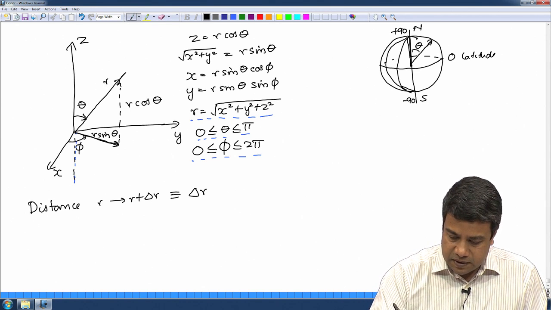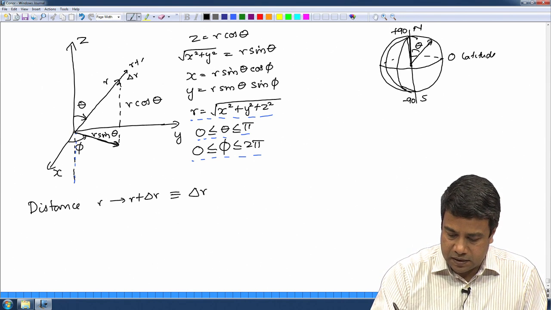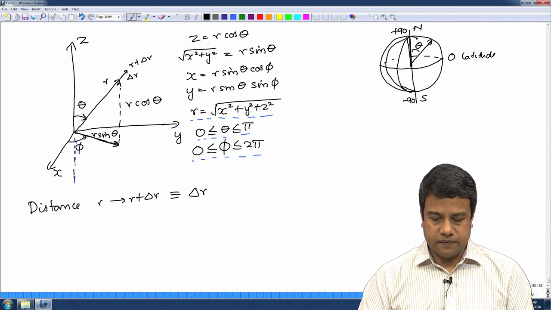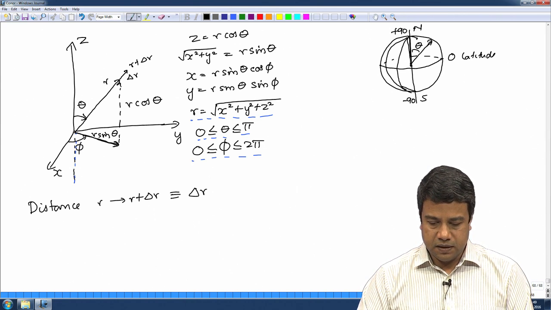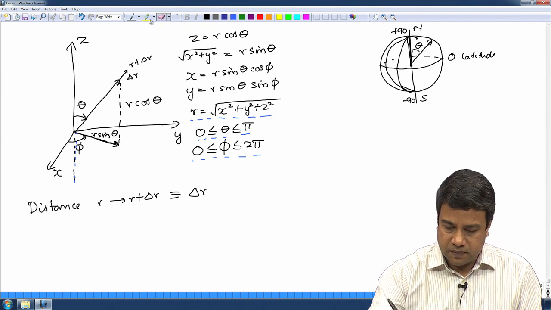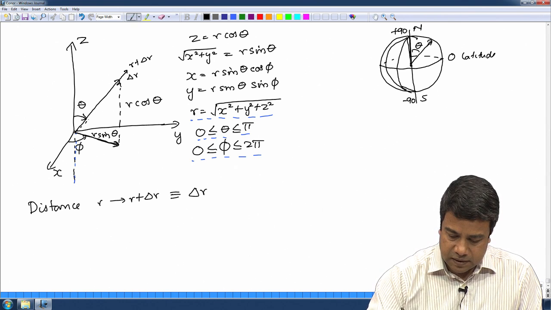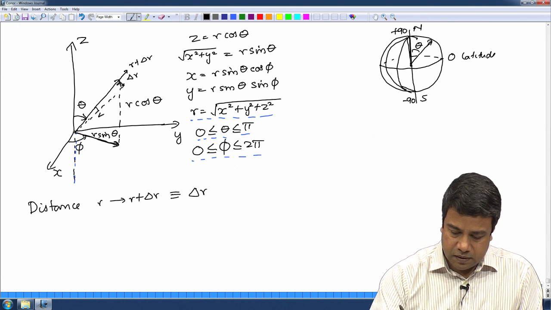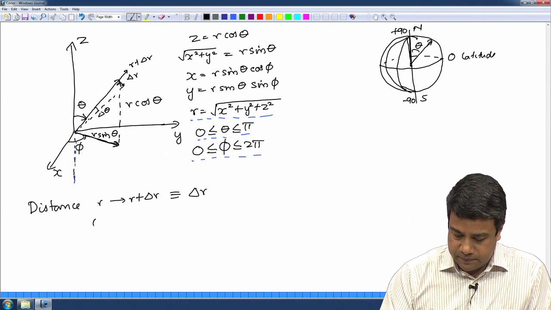Now, how about if I change the theta coordinate from theta to theta plus delta theta?